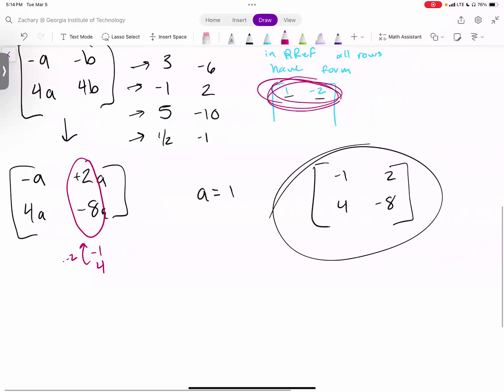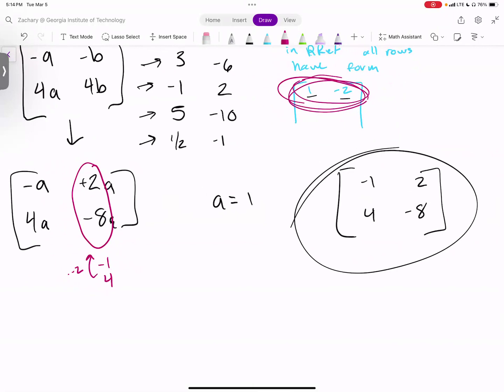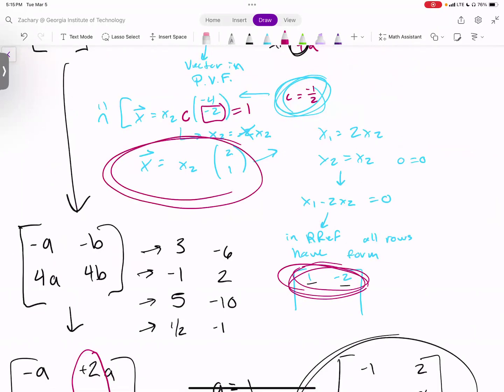Okay. I have a question. Why do we know that from the null space we get the number of free variables in each column? And how do we find, like, how does the null space give us that information? So what the null space tells us is it tells us this vector when we're in parametric vector form.